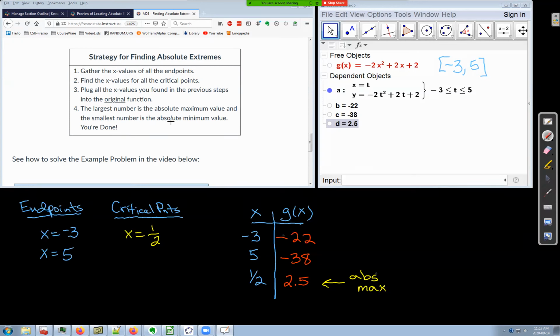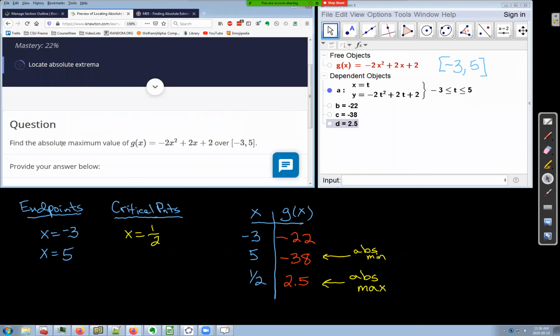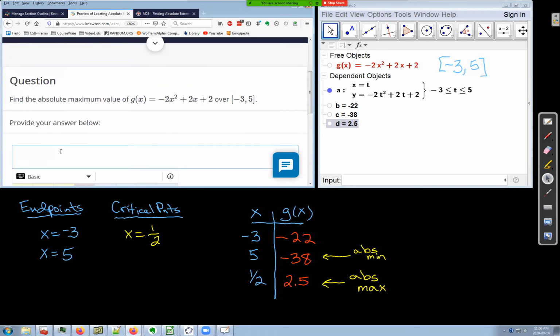And the smallest is the absolute minimum, so there's the absolute minimum. And there we go, I think we've answered the question. The question was to find the absolute maximum value, and we said it was 2.5.